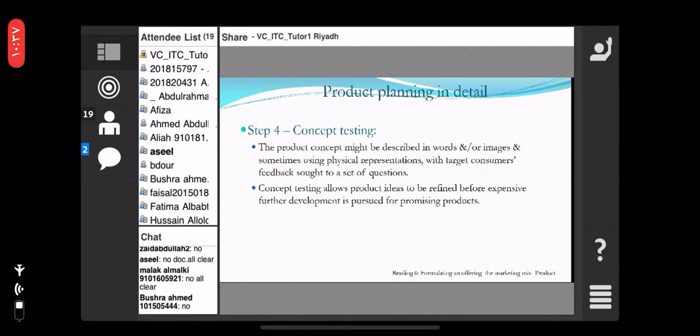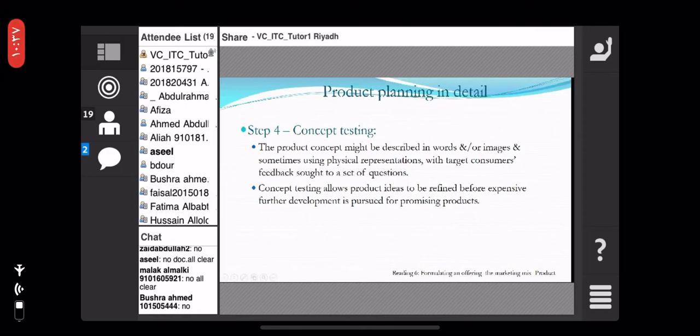The product concept might be described in words or images and sometimes using physical representations, with target consumers' feedback, meaning the customers' views or comments about the product or services.